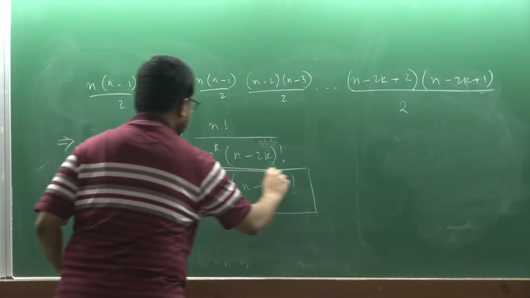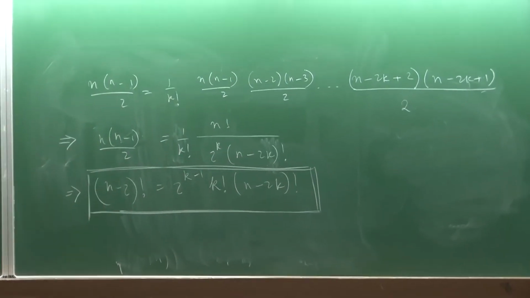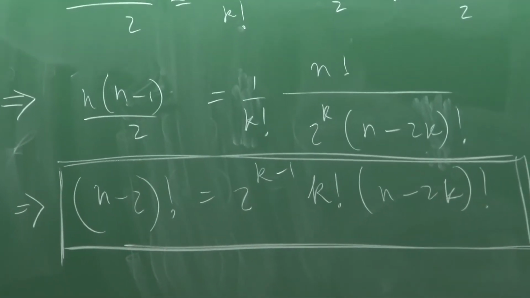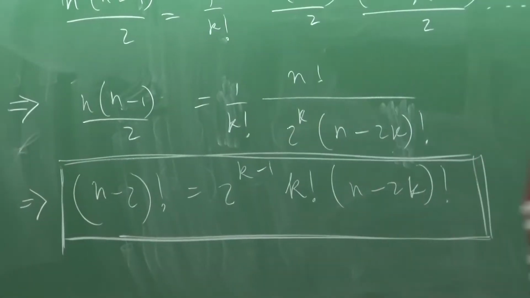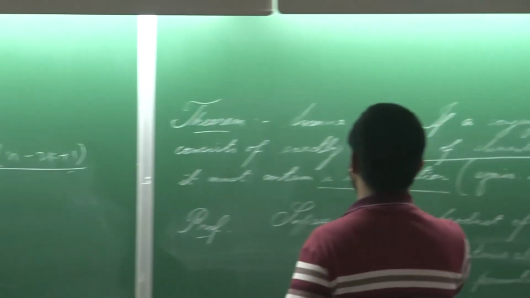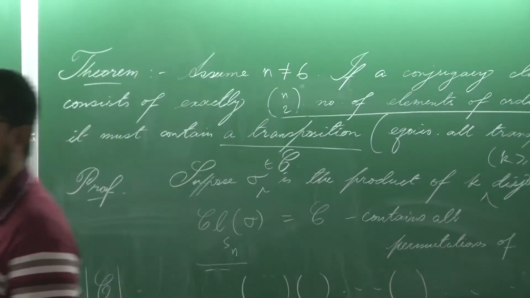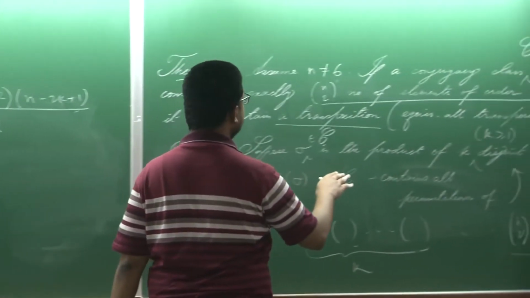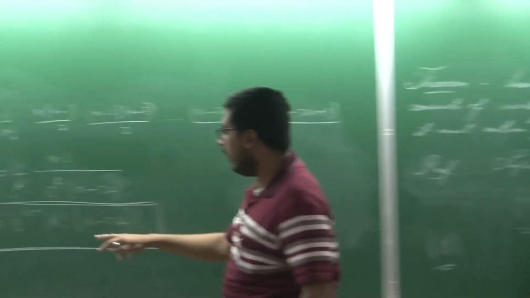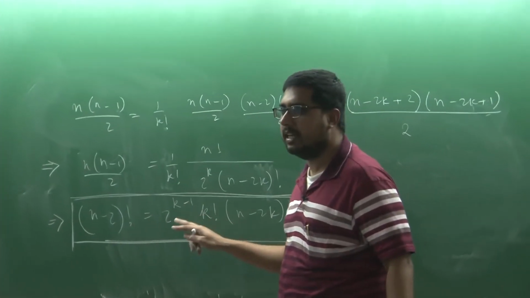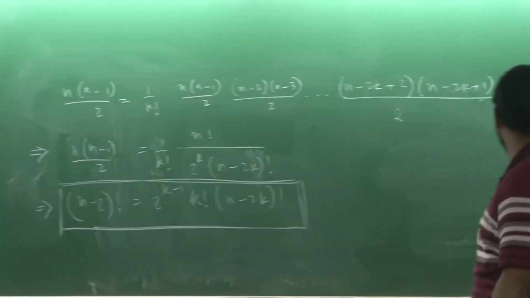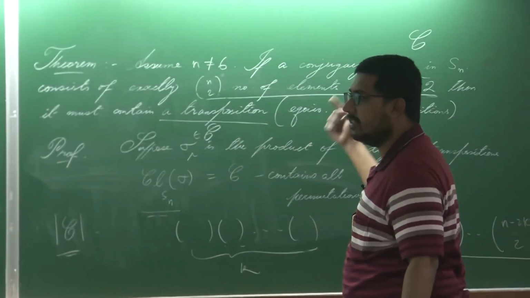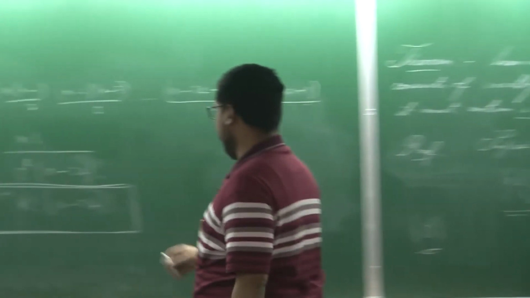So, if this happens, then we must have this. Okay. So, we are now going to show that when n is not equal to 6, this cannot happen if k is bigger than 1. Okay. So, k equal to 1 means there is a single transposition.